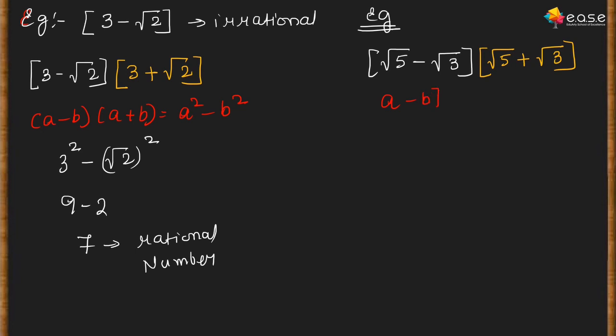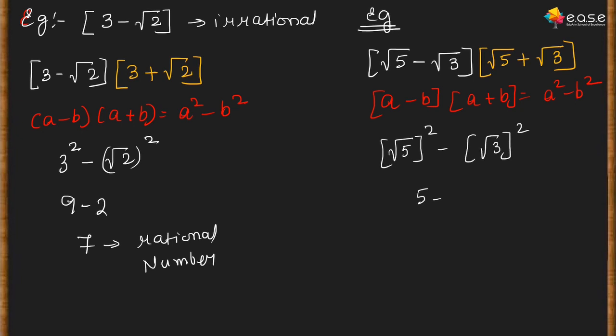A minus b into a plus b will give us a square minus b square. That is, what will you have here? Root 5 the whole square minus root 3 the whole square, which is equal to 5 minus 3, which is equal to 2, which is a rational number, correct? So whenever we have operations of a rational and irrational, or these kind of sums, we multiply them with the opposite sign and we come to a rational number.